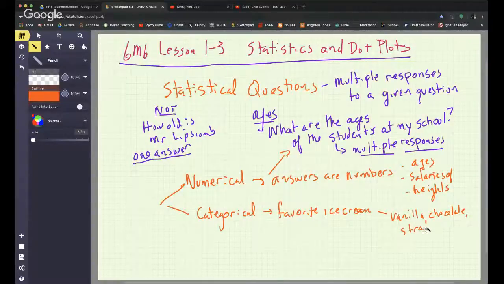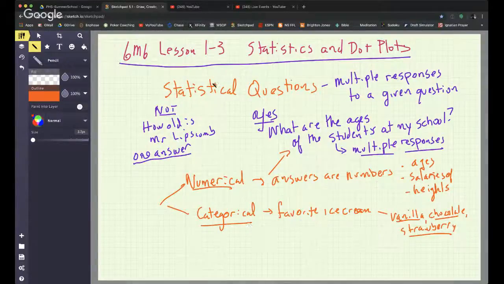These are categorical because they're not numerical. They're just responses that don't fall as numbers. So numerical and categorical, the 2 big types of questions. You can probably think of examples of categorical questions and numerical questions, and there are infinite numbers of each one.